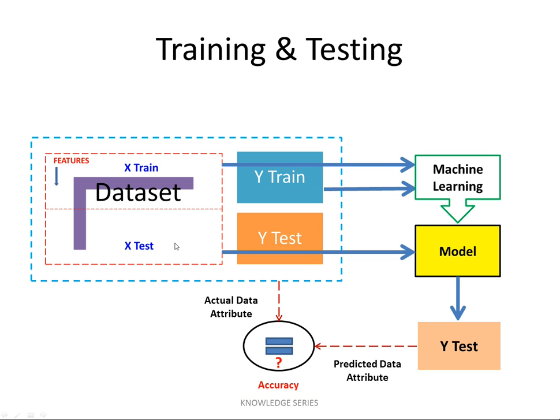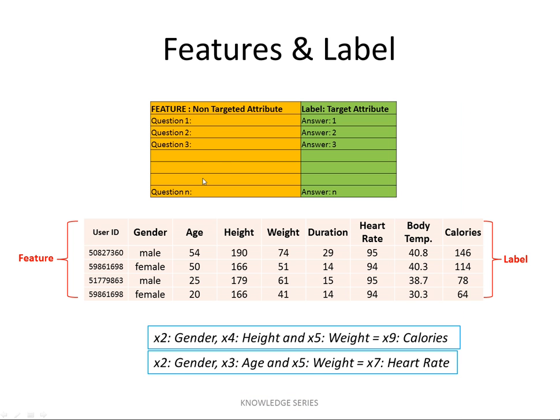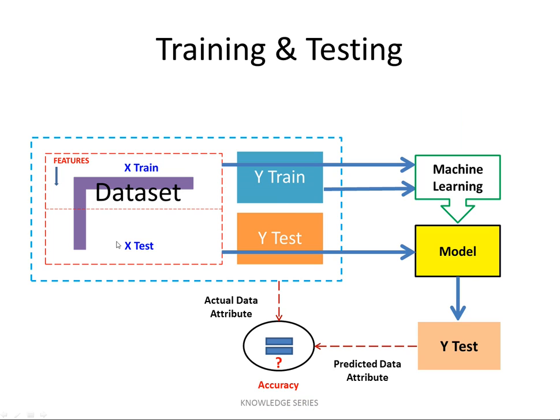Based on those algorithms, it will take these two inputs: x is the input and y is the output. Like the example I gave, this is the input, this is the output, question and answer. The input and output are given to the machine learning algorithm.